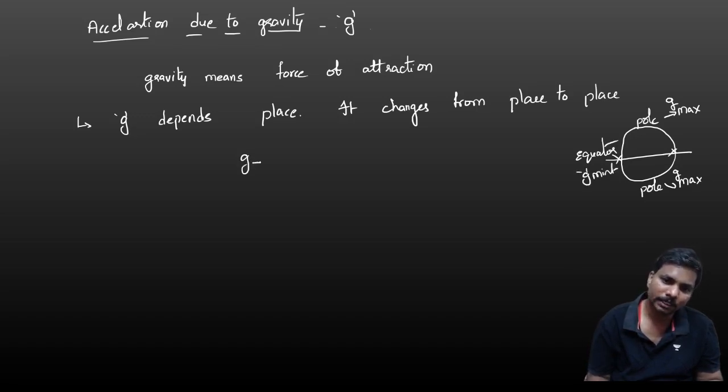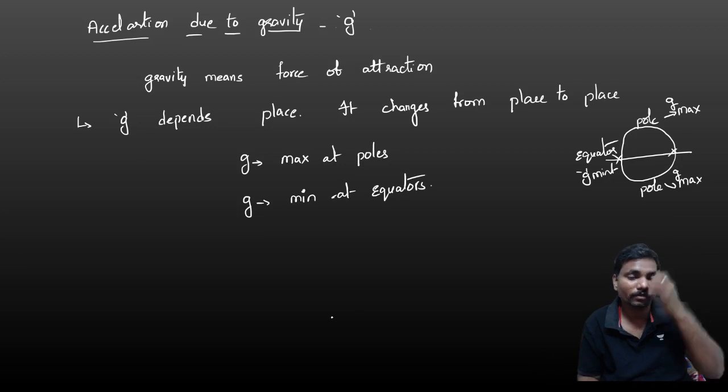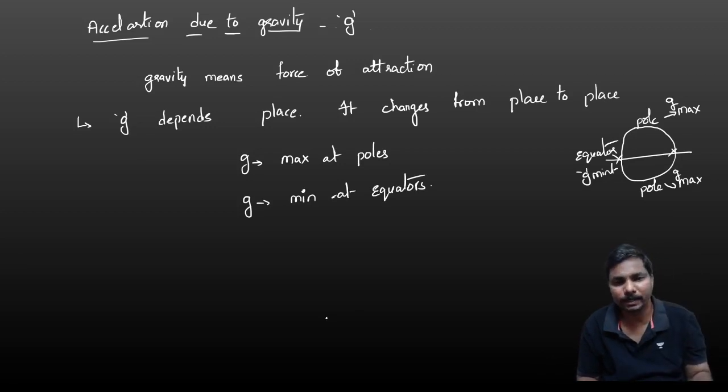G is maximum at poles and minimum at equators.